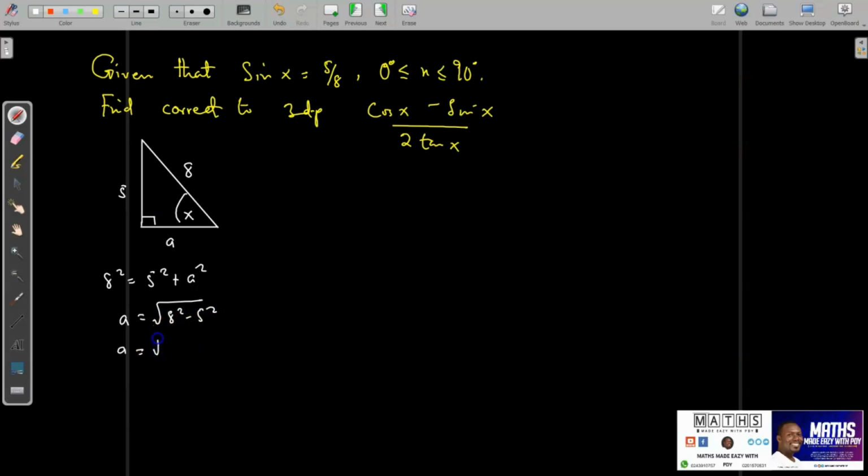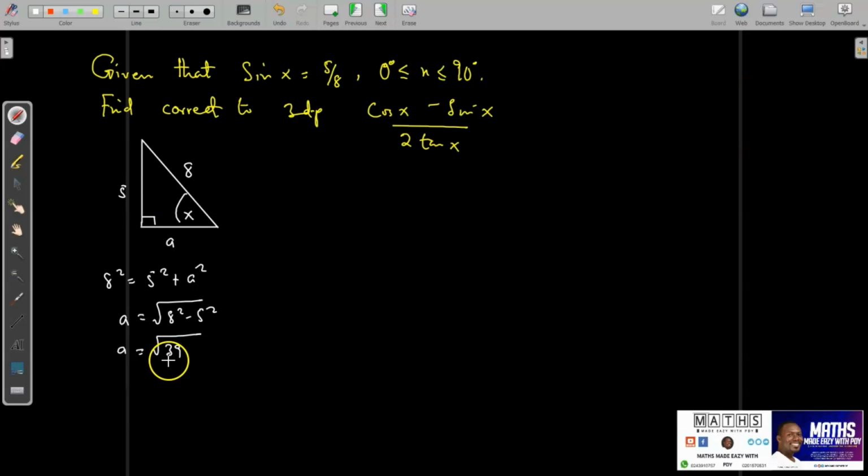The answer is the square root of 39. If you are tempted to use a calculator, you get decimals, so you maintain it as the square root of 39. Are you with me?